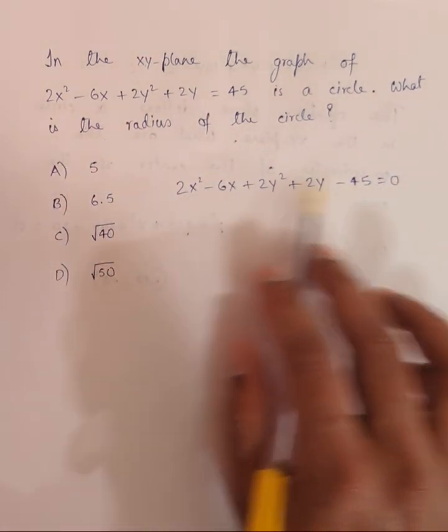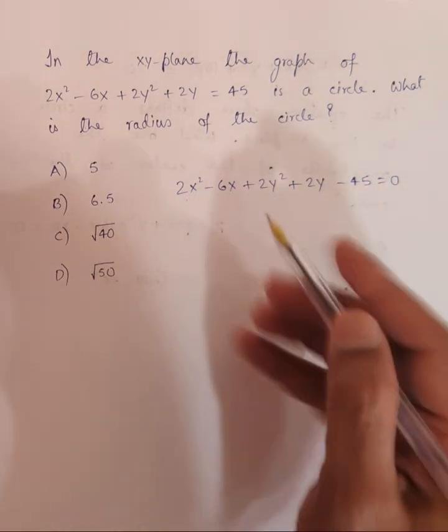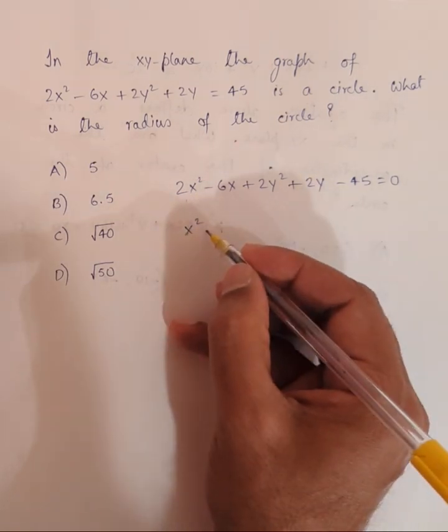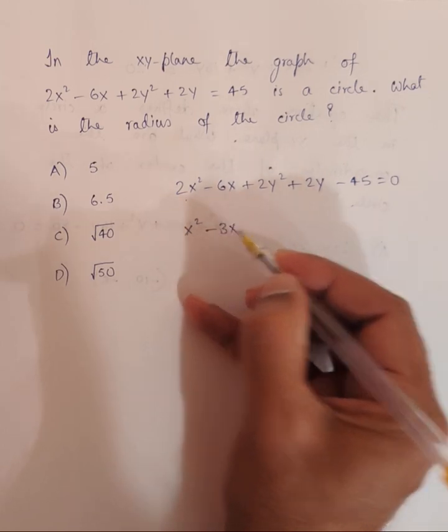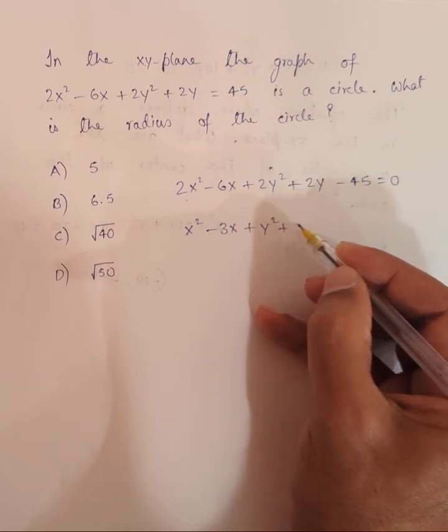Now I'll have to divide both sides of the equation by 2, meaning I'll cut down each coefficient in half. So 2x square becomes x square because that's the goal. 6x becomes 3x. This becomes y square. That becomes a y.